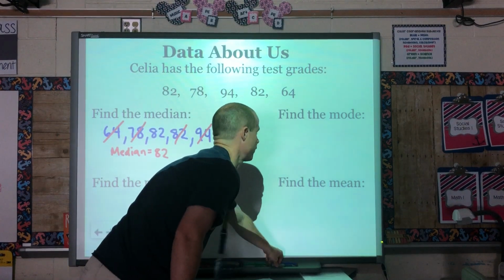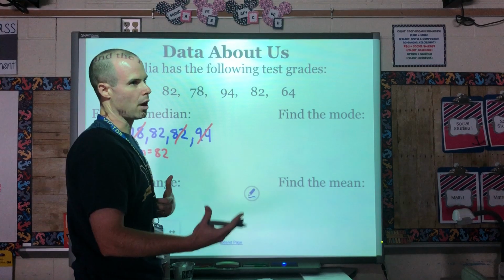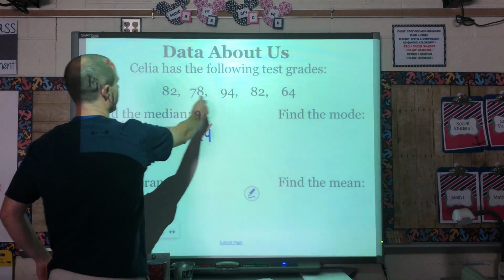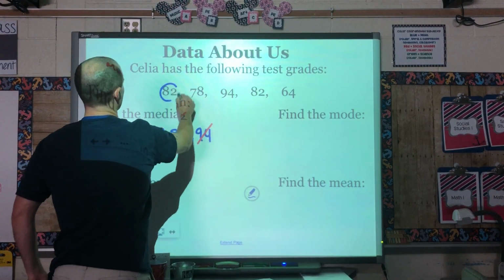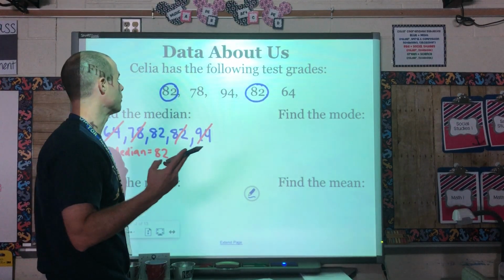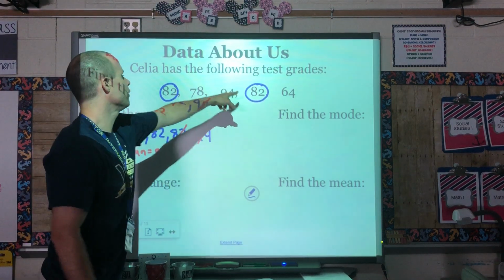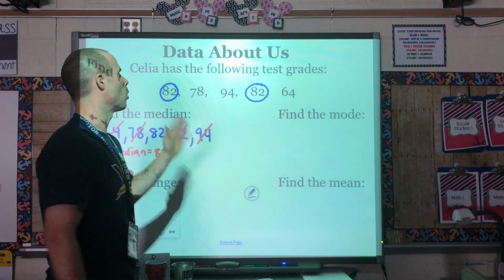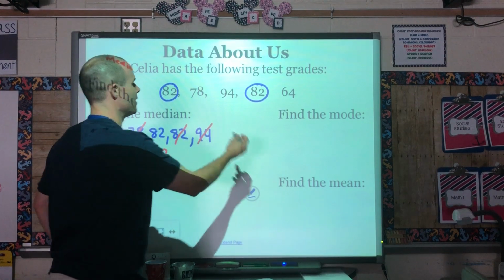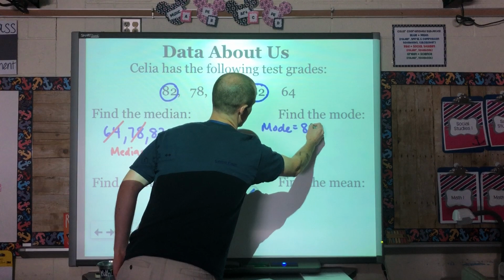So if we look back at our data set, we're looking for a number that occurs more often than the other numbers in the set. As we can see, we have a score of 82, which occurred 2 different times. All of the other scores only occurred once. So because that 82 shows up more often than the other numbers, in this case, the mode would be 82.